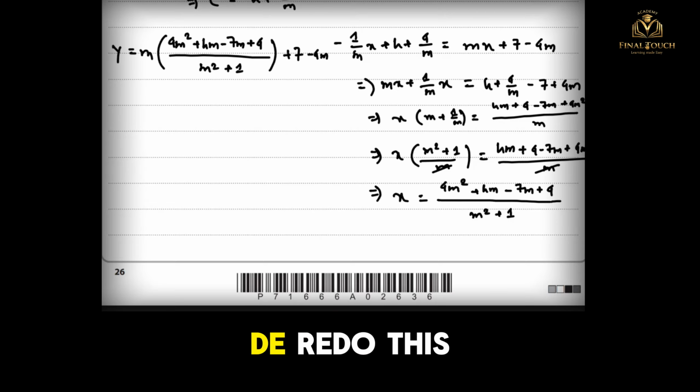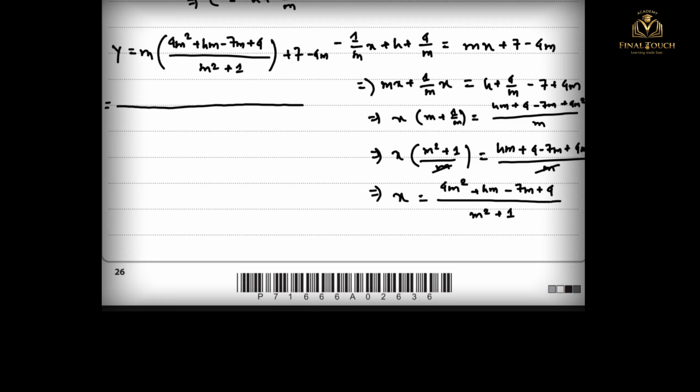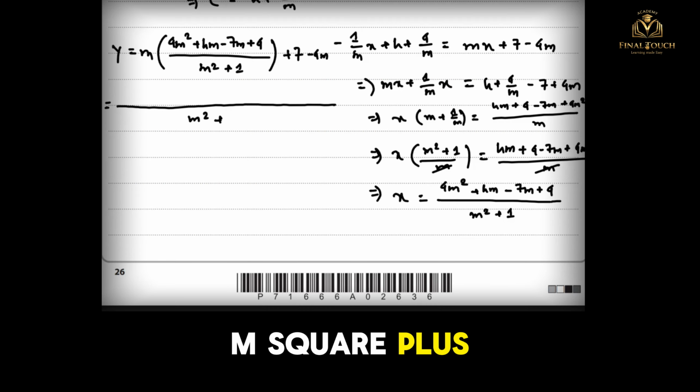I believe if we could write it in a better position, we will just redo this part with better space. Over m squared plus 1.